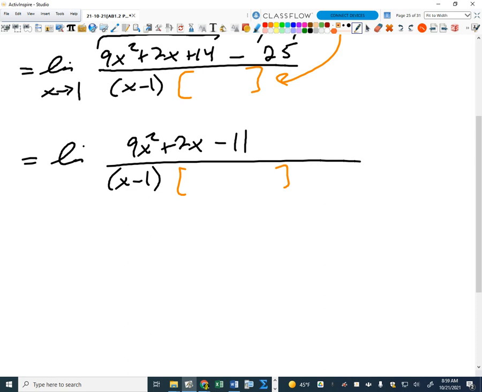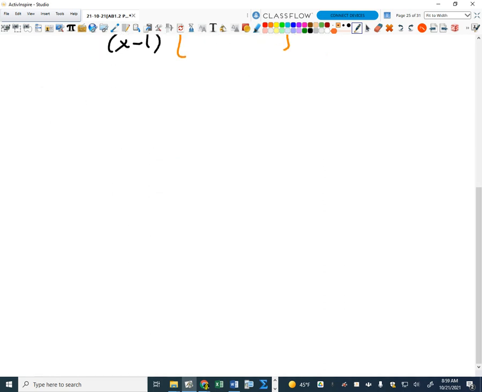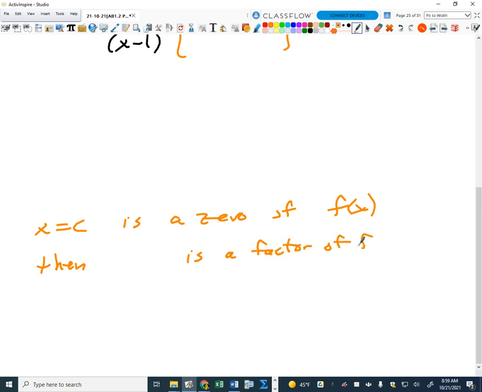So like, for example, if I know that if x equals c is a 0 of f of x, then what is a factor of f of x? What would the factor be that goes with that 0?